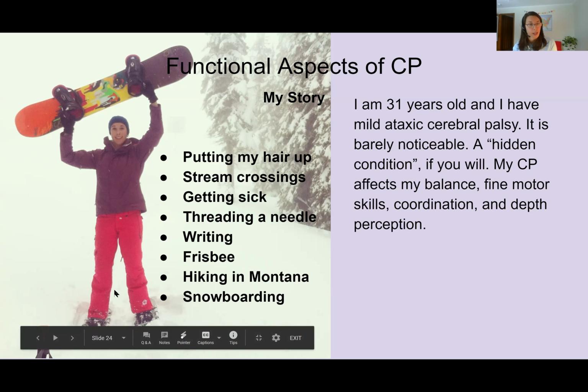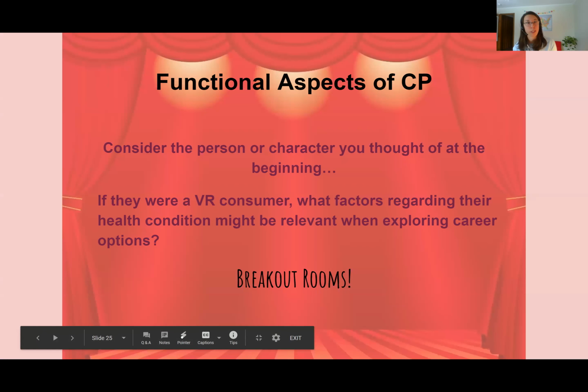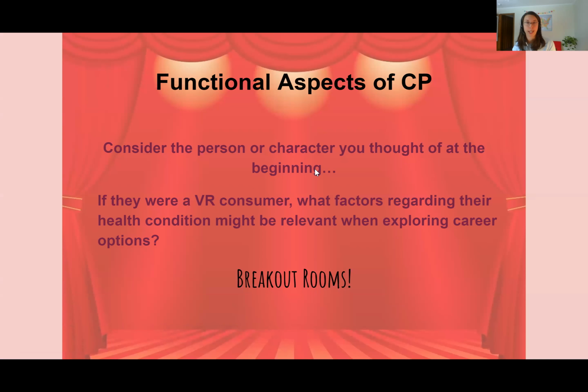And so what I wanted to do next was a discussion, and I can't do breakout rooms, but we have a small enough group that I don't think it matters. I thought it would be neat if we could challenge ourselves to think about cerebral palsy in terms of vocational rehabilitation.